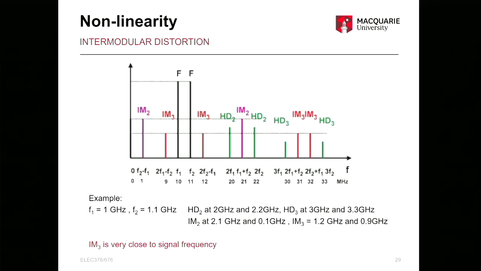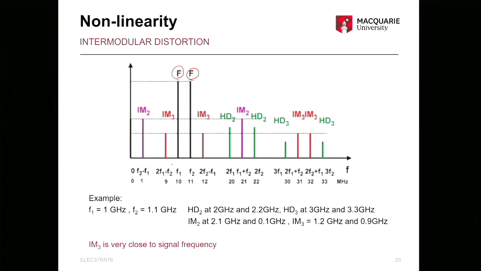Now the importance: we could have stopped at IM2, but we also need to see IM3 because that's of special interest to us. You see here we have the two frequencies F1 and F2, and when you pass them through a nonlinear system, you get all these frequencies shown in red and green. They are all generated as a result of passing through a nonlinear system.